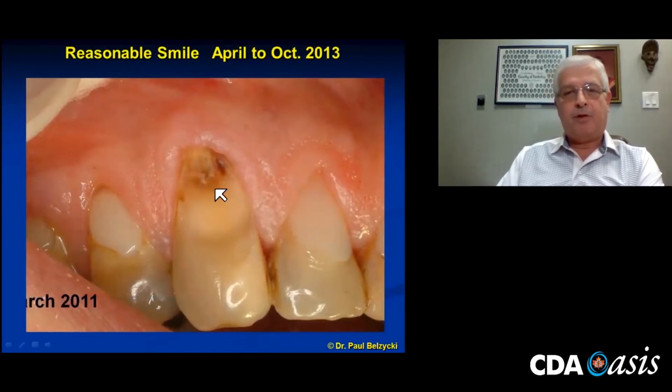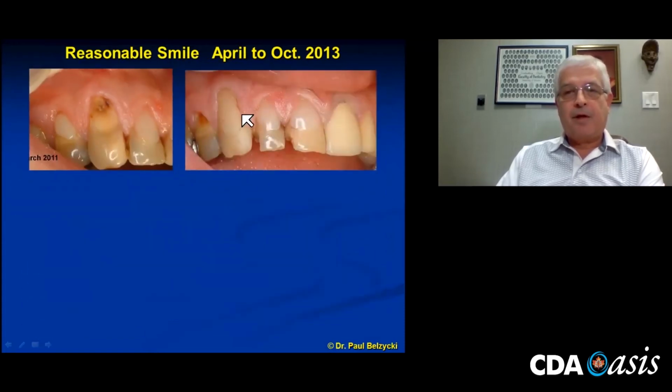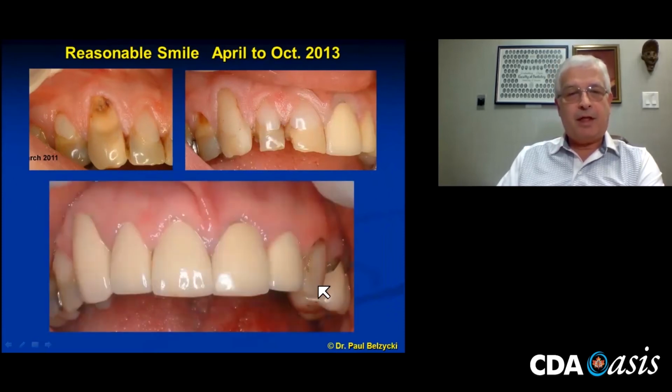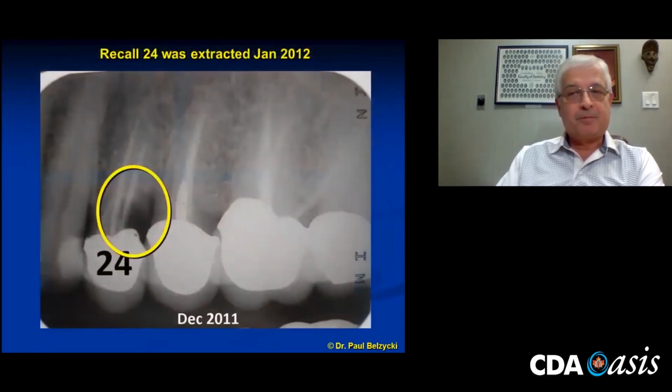2011, when we first presented, I've got a problem, I've got decay. After a year or two, he presented, I've chipped these teeth, can we fix the area? And that's how it was carried out. And we attained a very reasonable smile in October of 2013. As I said earlier, 24 was extracted in January of 2012.